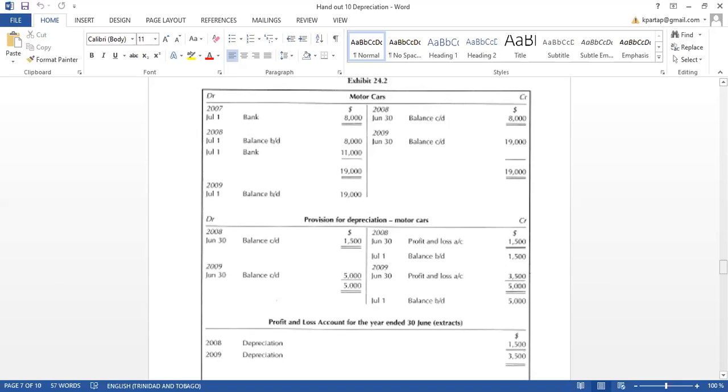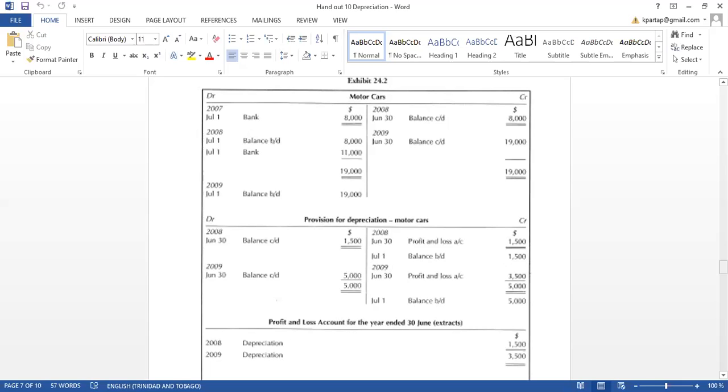The provision for depreciation. In 2008, we had to charge $1,500 for depreciation. Sorry, the reason why I'm saying there's a mix-up is not because the years are mixed up, it's just because they started at half of the year. So it went from July to June the next year.